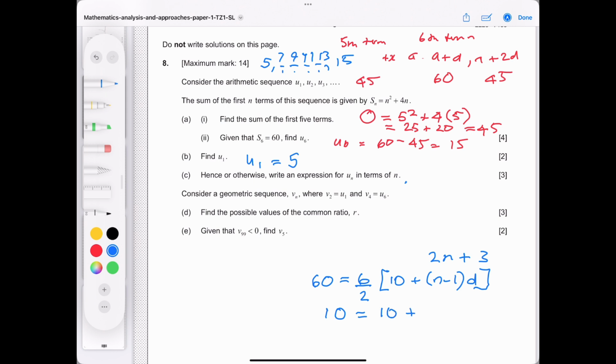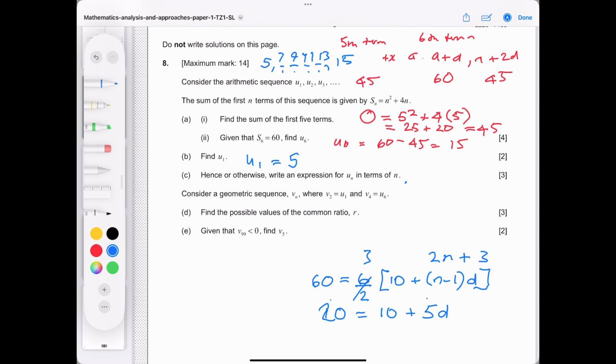Equals 2 times 10, plus n minus 1, which is 5d. I apologise because I've just realised that's 3.